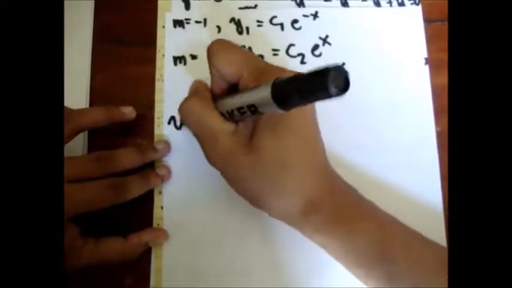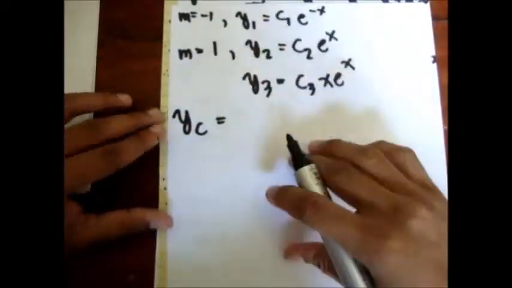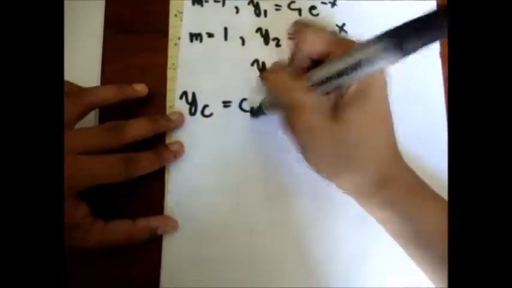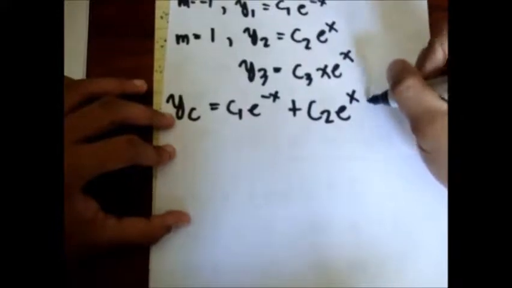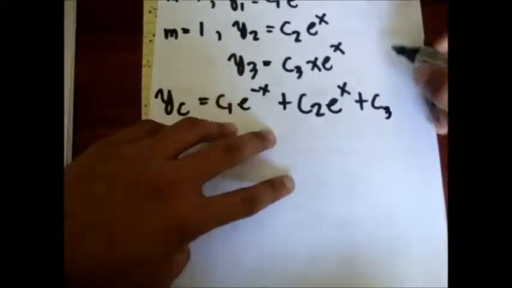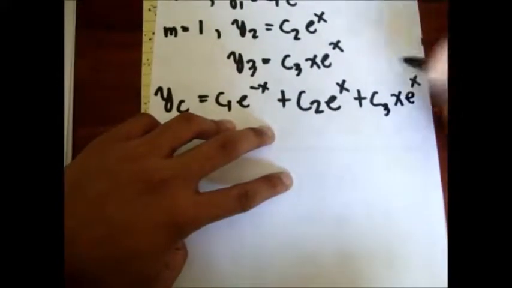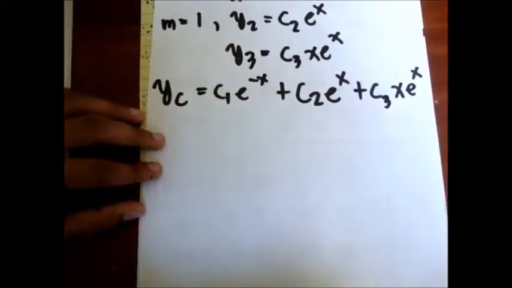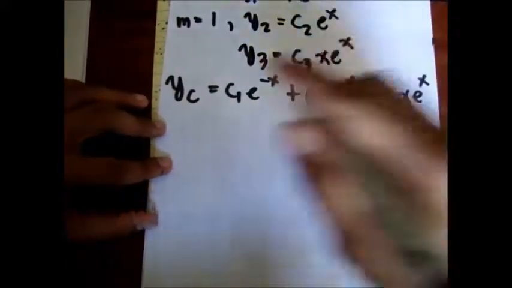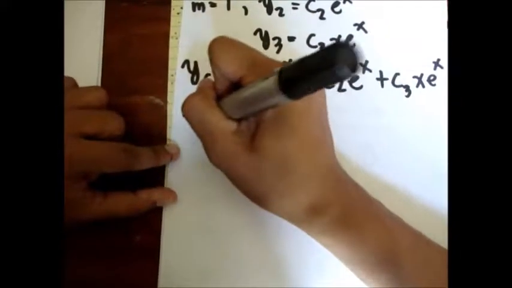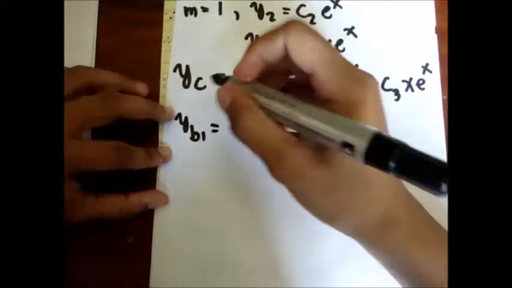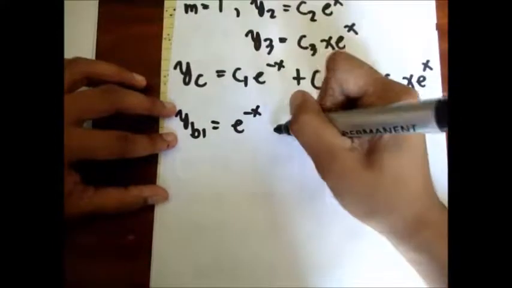So our complementary solution for this is c1 e raised to negative x plus c2 e raised to x plus c3 x e raised to x. So list the basic solutions for the yc. So our yb1 equals e raised to negative x.